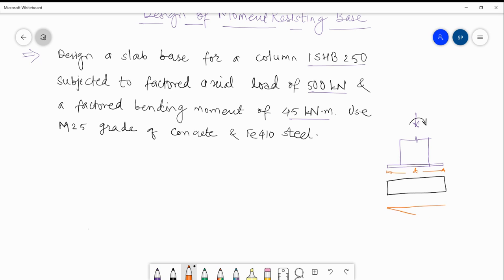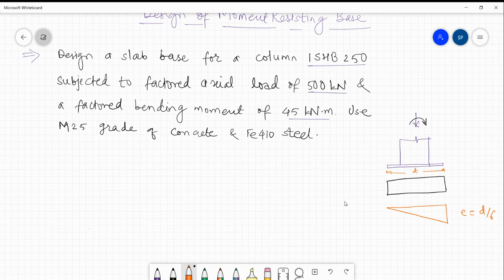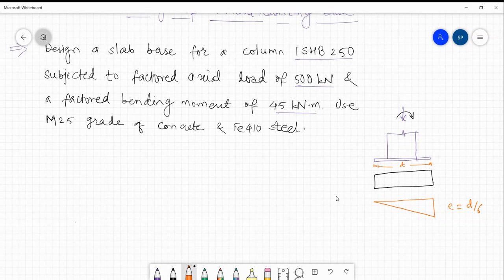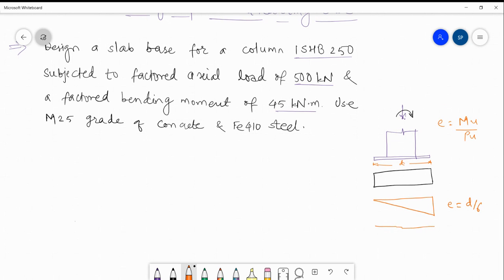In the first case, here e is equal to D by 6. The eccentricity value you can calculate as moment divided by axial load.